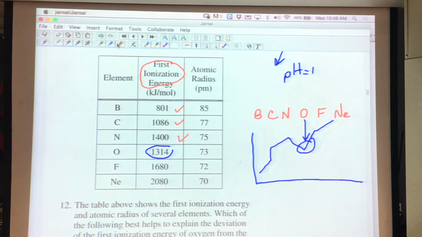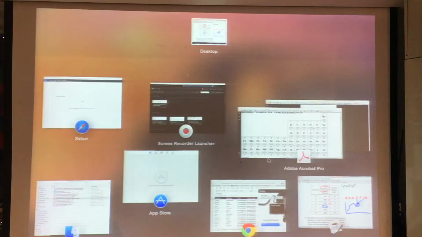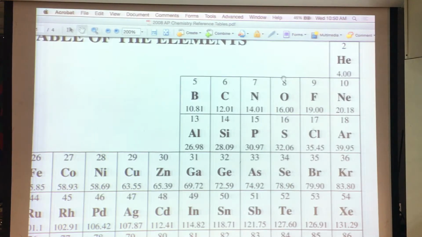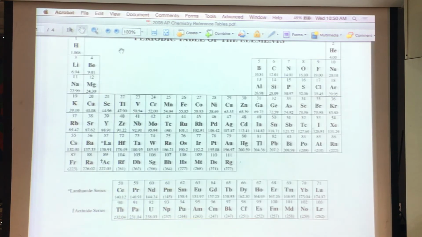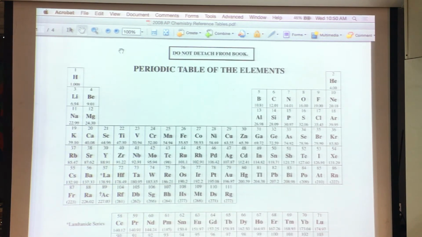Well, if you understand something called Hund's rule, and know that when we deal with oxygen, it's 1s2, 2s2, 2p4. If you don't know that, you go to your reference table and you can see 1s2, 2s2, 2p4.